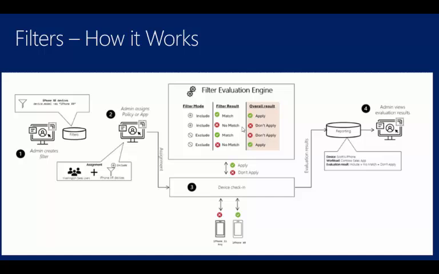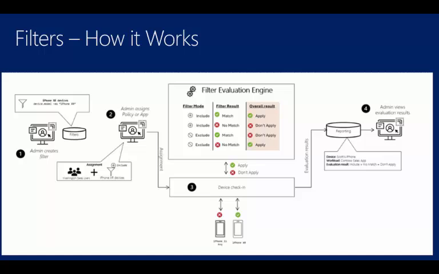In terms of how filters work, this is just a diagram I pulled out of our documentation that attempts to show you, basically step one is the admin's going to go create the filter. And again, they're going to be reusable filters. The admin's then going to assign the group that they're going to target along with assigning the filter.